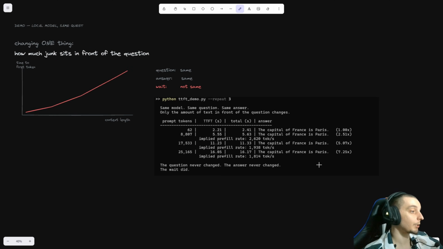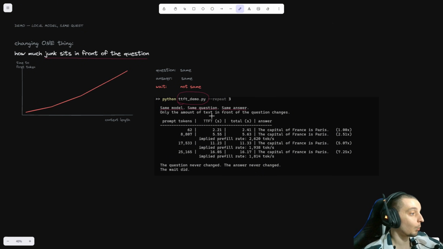Now let me actually show you what I'm talking about. I have this small Python code which prompts the same local Qwen model with the same question and always gets the same answer. The only thing that changes is that the amount of junk text that I put in front of the question increases with each new request.